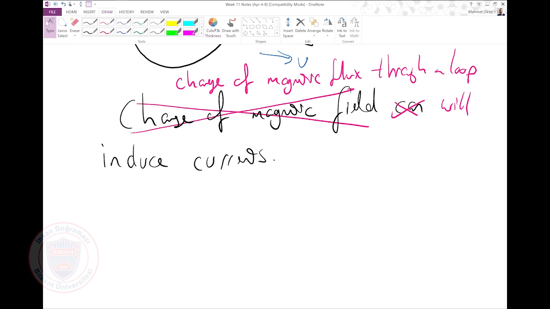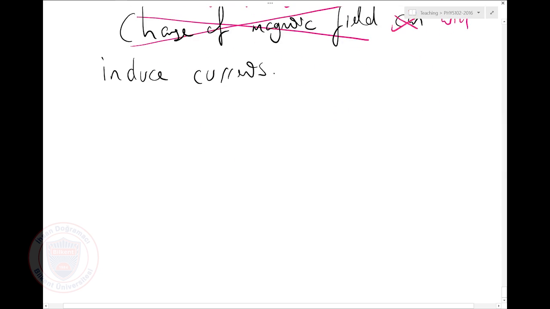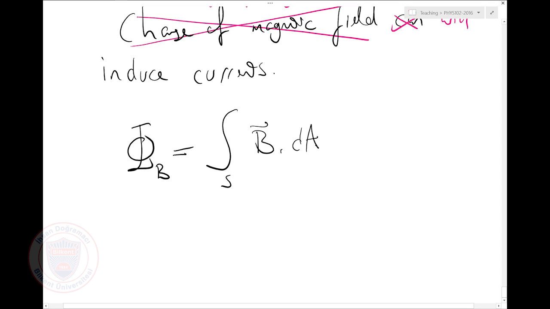Now, how did we define flux for any vector field? It was basically the surface integral. So let me do this definition more clearly now. I'm going to define magnetic flux much like I defined electric flux. It will be over any surface, B dot dA. All right?